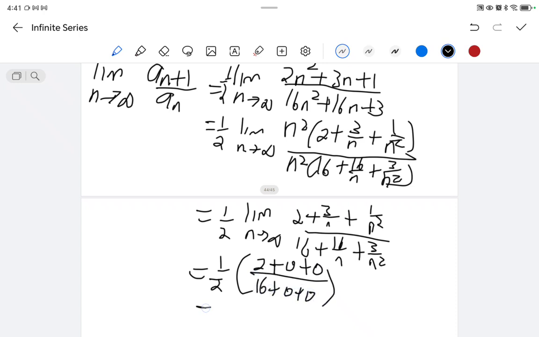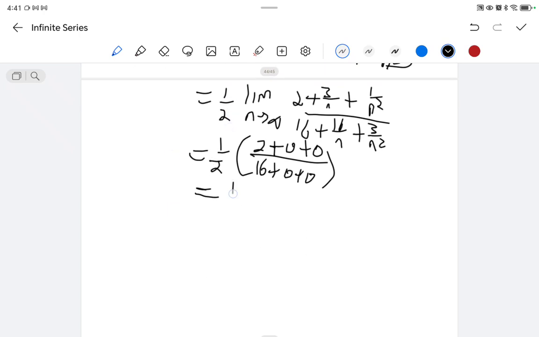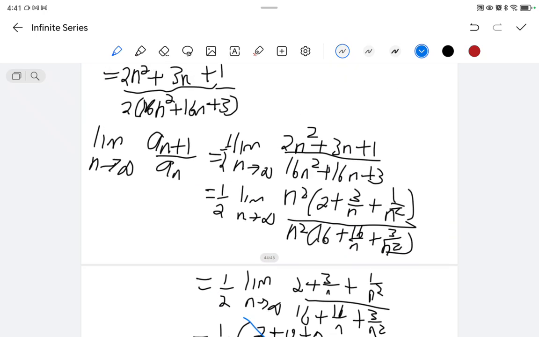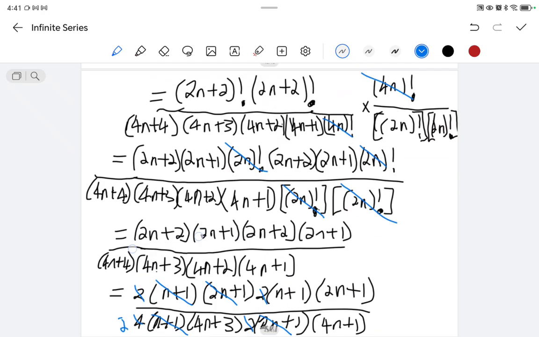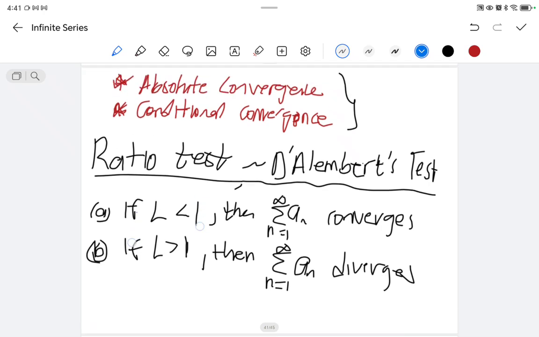And this will be 1 over 2 times 1 over 8, which will be 1 over 16, given that this 2 will cancel this 2. You see, right? So we got 1 over 16. Then we go back. We got 1 over 16.